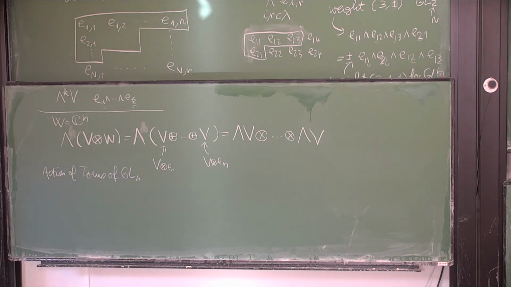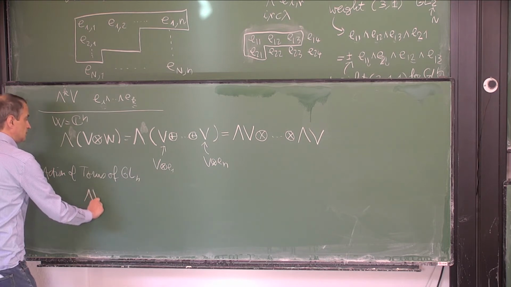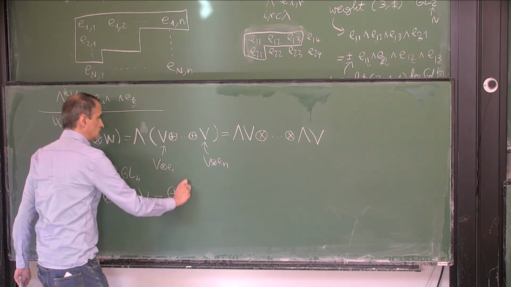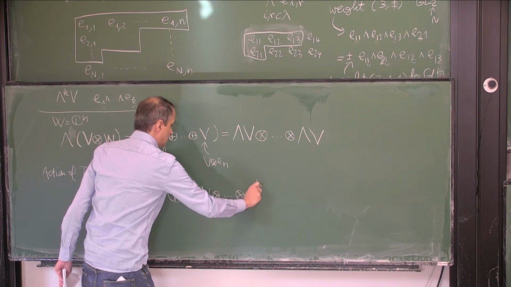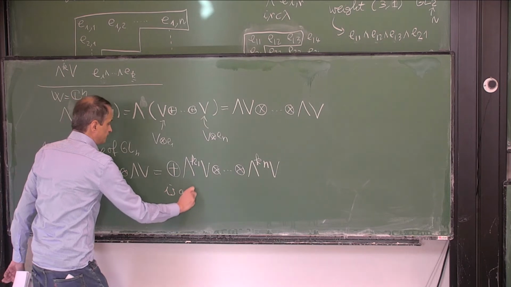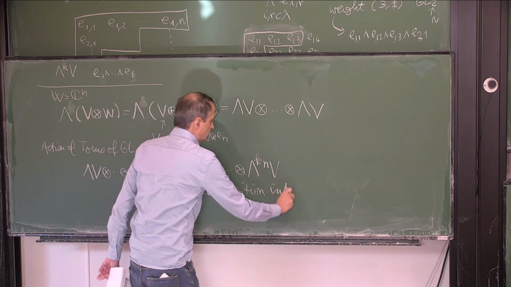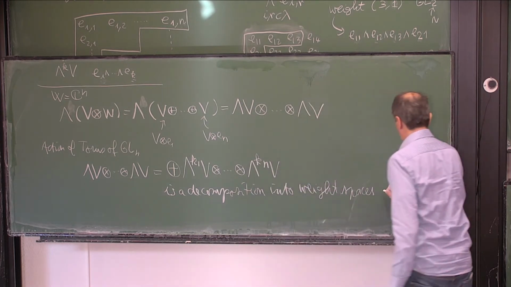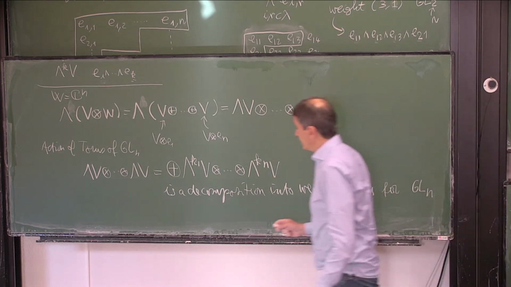So what this means is that the decomposition of the tensor product of exterior algebras is a decomposition into weight spaces for GL_n.